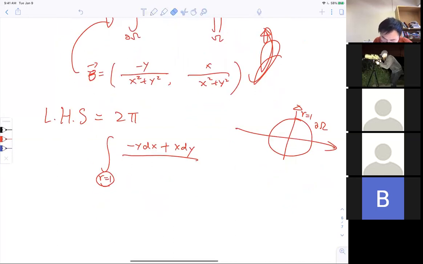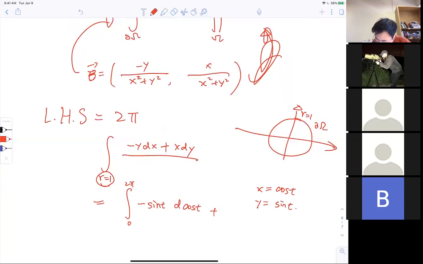So we can do x equal to cosine t, y equal to sine t. Then this integral is from 0 to 2 pi in t. So minus y becomes minus sine t, and dx becomes minus sine t dt. This is just a standard way to do this line integral.